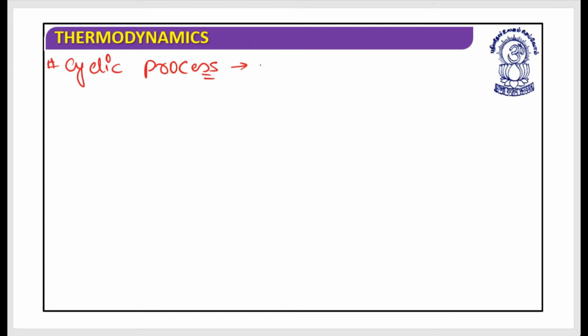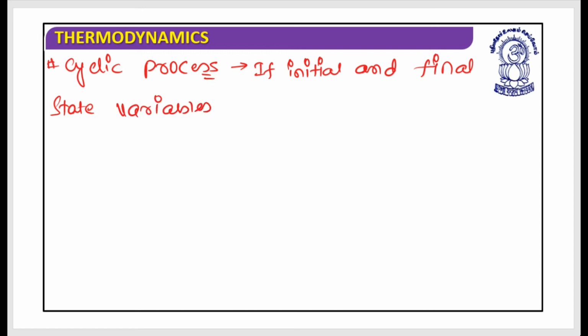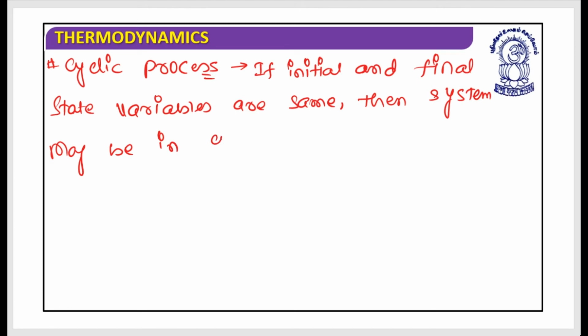We can say that if the initial and final state variables are the same, then the system may be in a cyclic process.